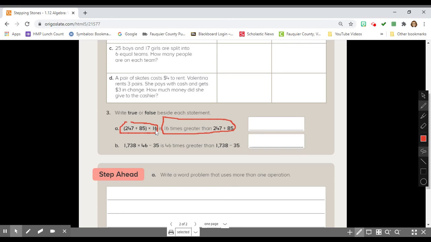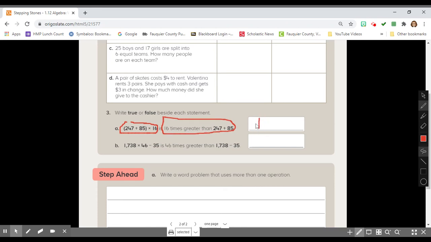So they're putting the 16 at the end here, and they're putting the 16 at the beginning. So this right here, 16 times greater than 247 plus 85, they're saying here, 247 plus 85 is greater than 16. They're just saying it differently. So guess what?